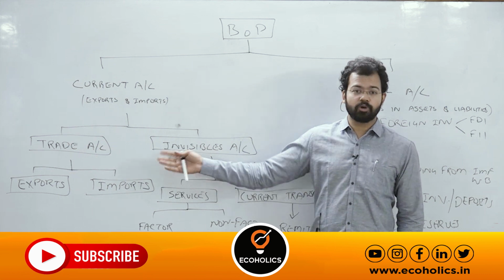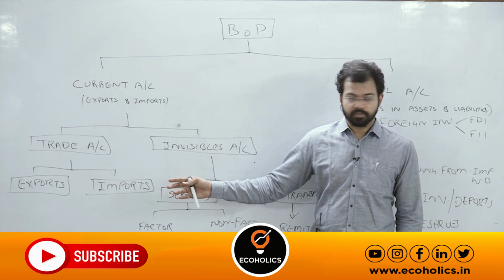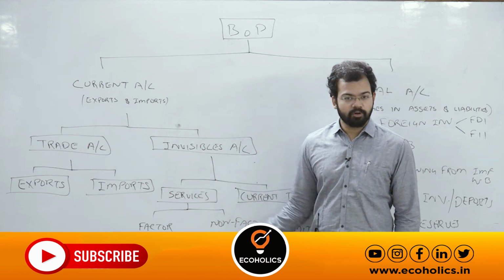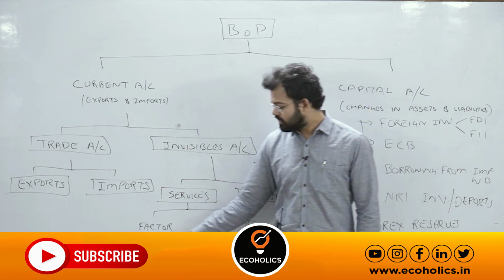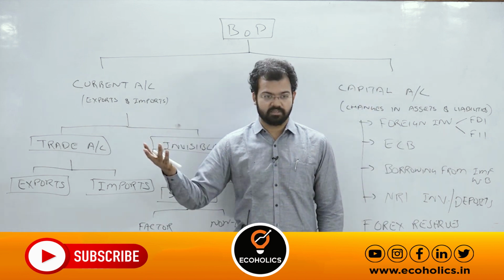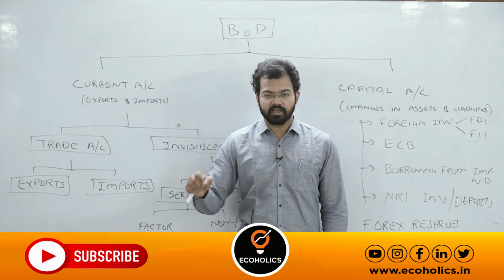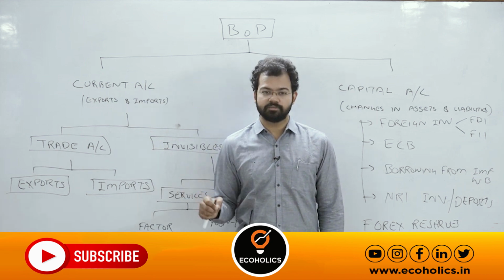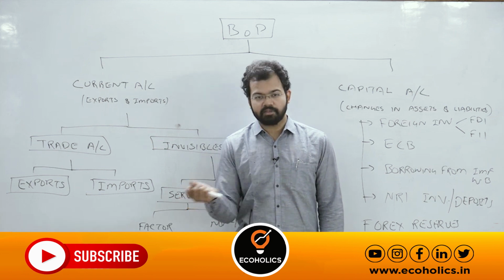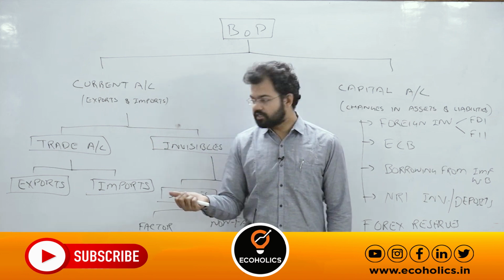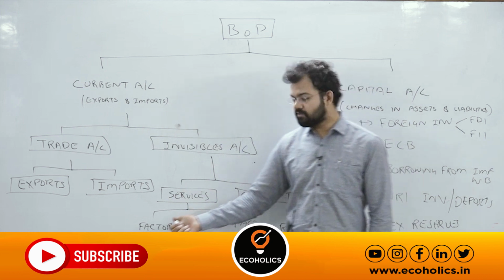Whatever export and import in services, these are export and import of services. Obviously you are giving some kind of factor services. If I am writing an article, this will come under the category of services. I am giving my opinion, so I'll receive payment as a factor payment.